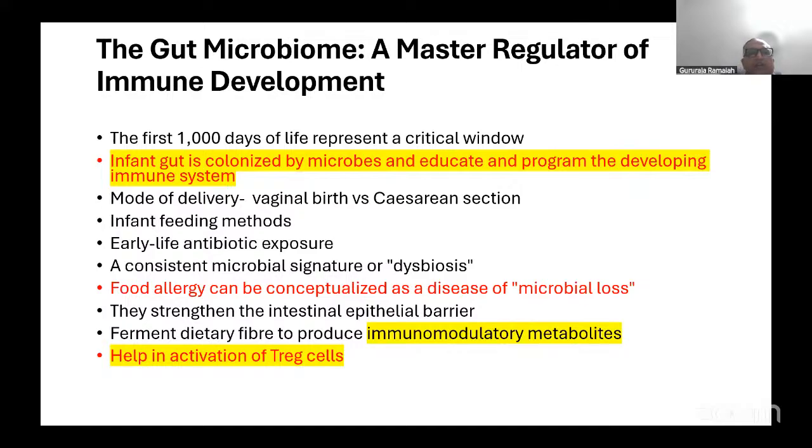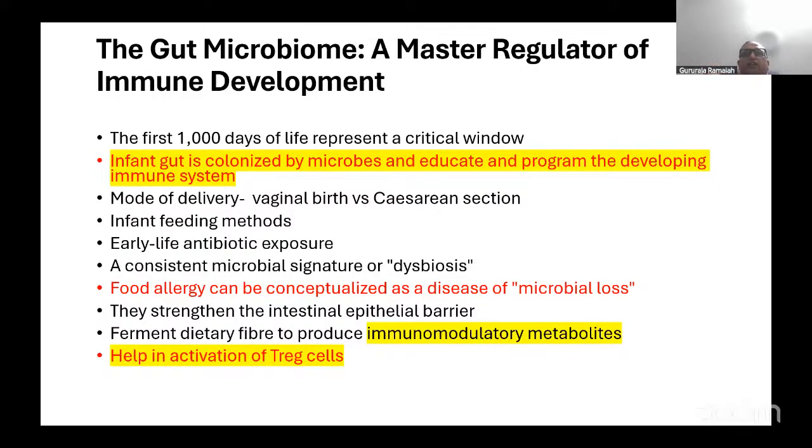So continuing about the role of the gut microbiome, early antibiotic use and food allergy can be conceptualized as a disease of microbial loss, because microbes strengthen the intestinal barrier and they ferment dietary fiber to produce immunomodulatory metabolites like short chain fatty acids, which convert to butyrate, a powerful inducer of Treg differentiation.